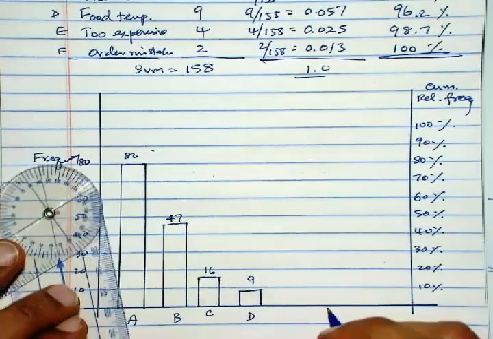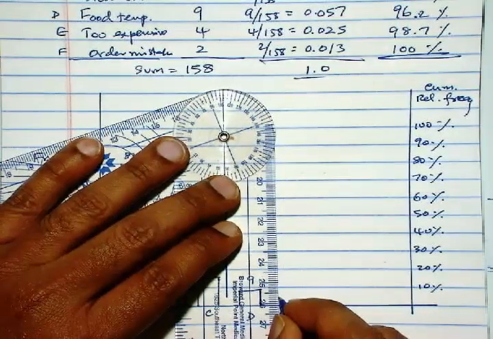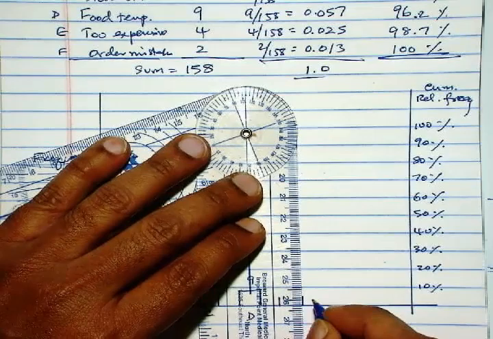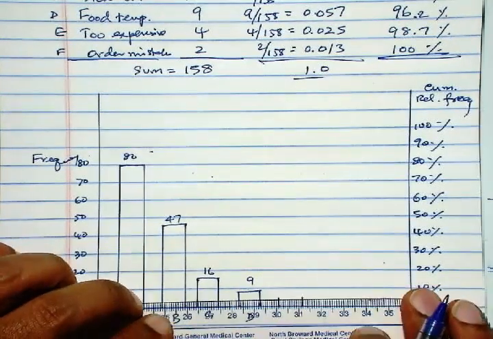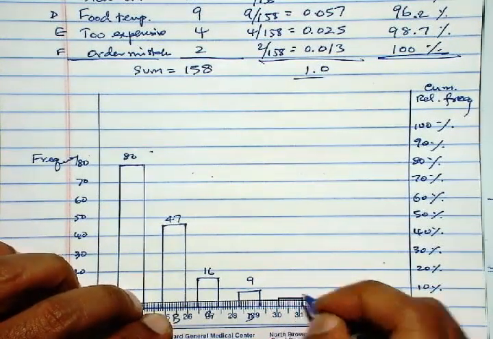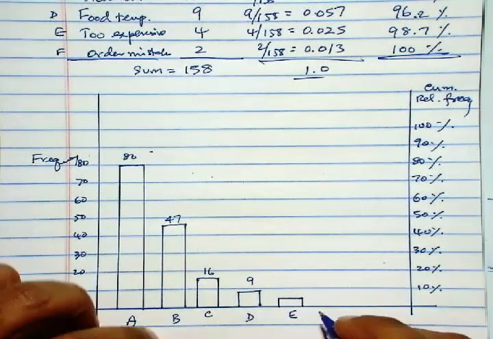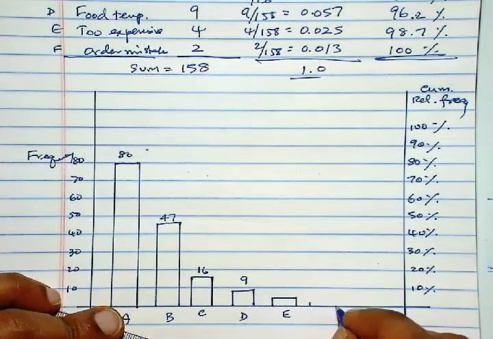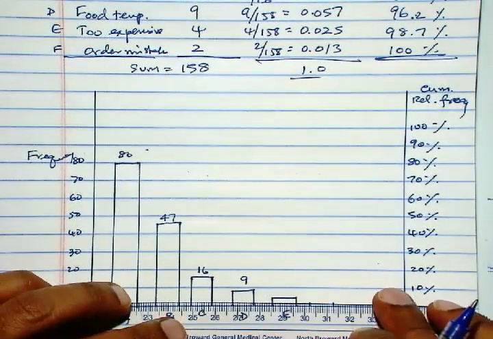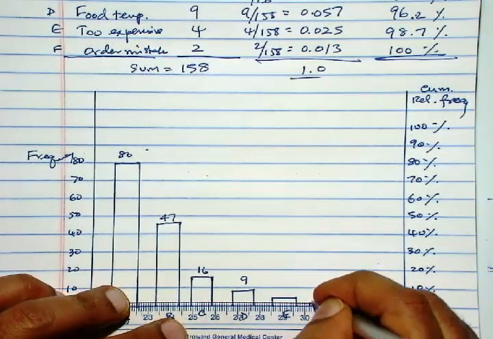And 4 and 2 would be pretty small like that.